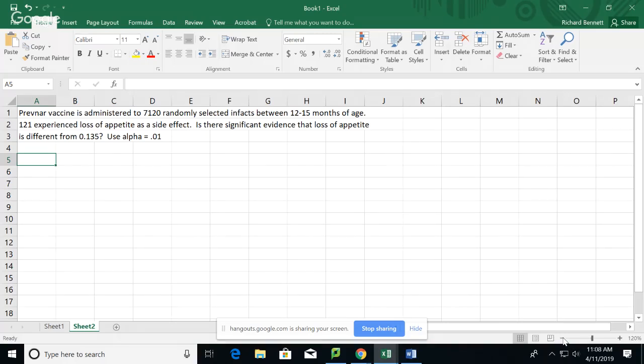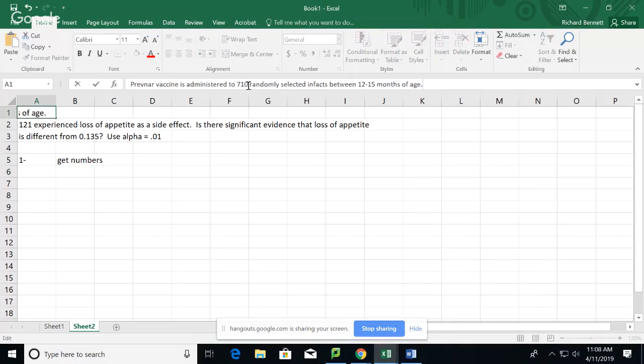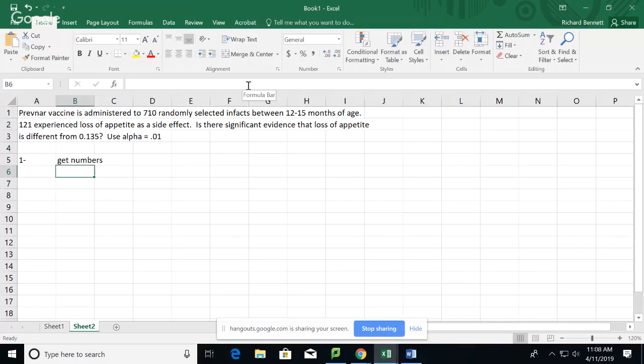Landon, it must be your turn. Where do we start here? Let's get our numbers. N equals 710. X equals 121.